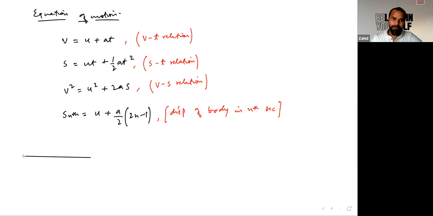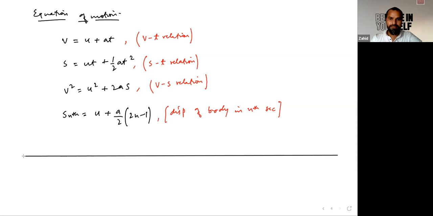Suppose you have a path like this, in which a body started from 0 seconds. It may have intervals of 1 second, 2 second, 3 second, 4, 5, 6, and so on.